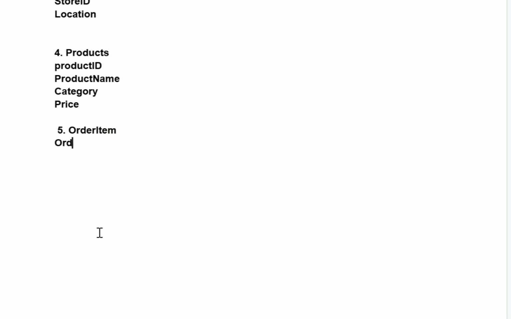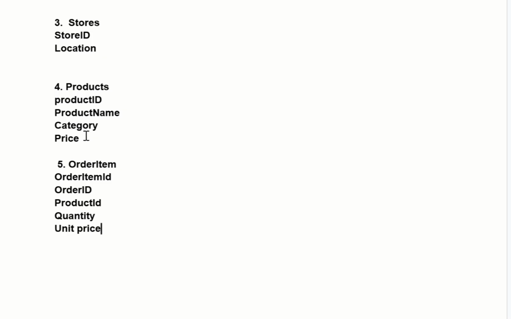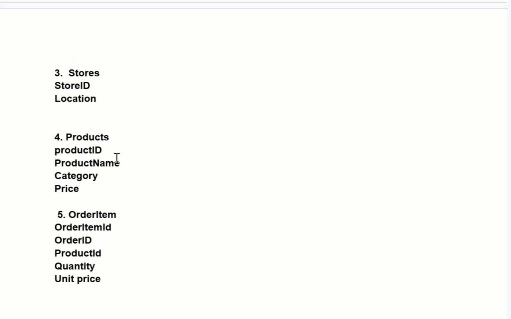So this one will have, let's say, order item ID, and then it can have order ID, it can have product ID, it can have quantity, it can have unit price, and so on.